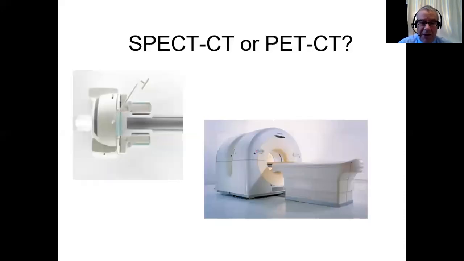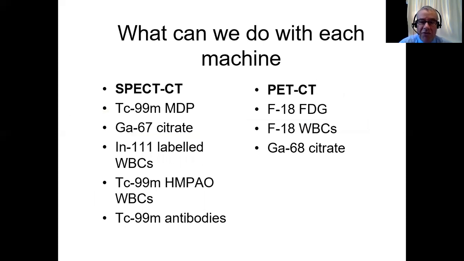So you can either do SPECT-CT or PET-CT. Are they the same? Are there any differences? That's what we're going to be looking at. So first of all, let's look at the different agents that can be used.